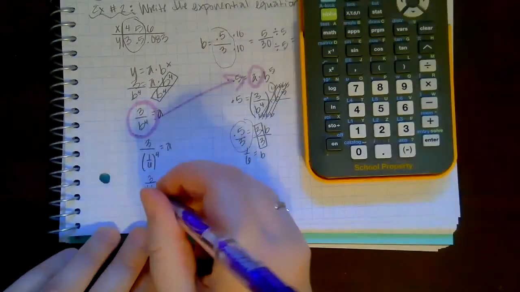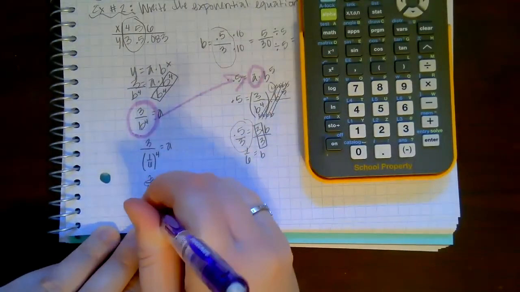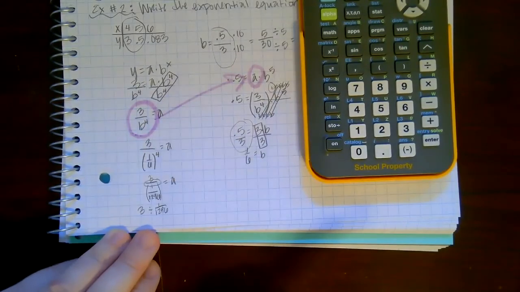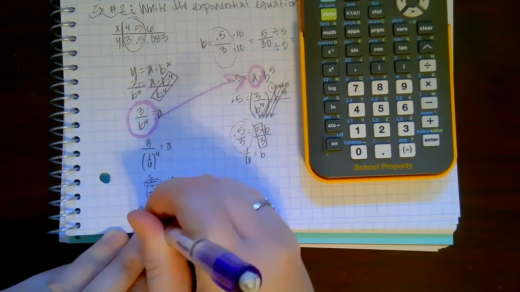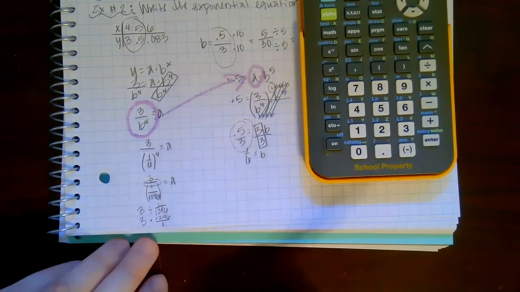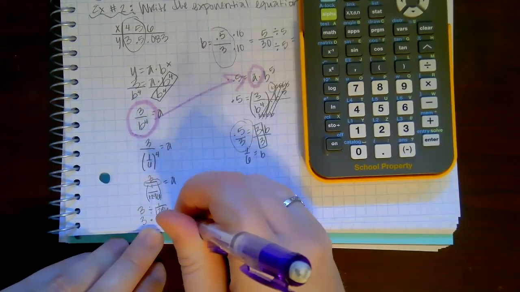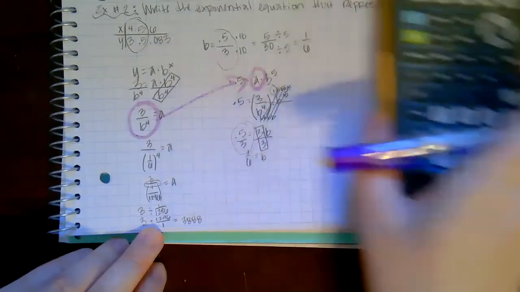If you want to simplify by hand, we can rewrite this division as this. And then if you remember back in the day, whenever you're dividing fractions, you multiply by the reciprocal. That'd be 1296 over 1. So if I multiply 3 times 1296, I end up getting 3,888 as my a value.